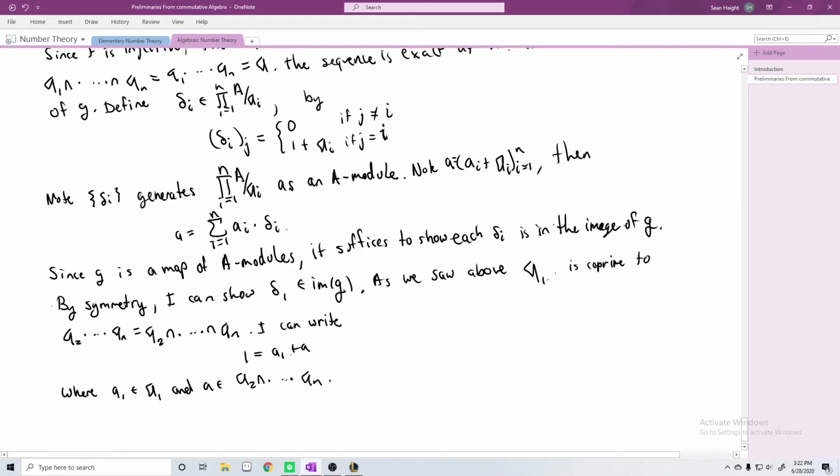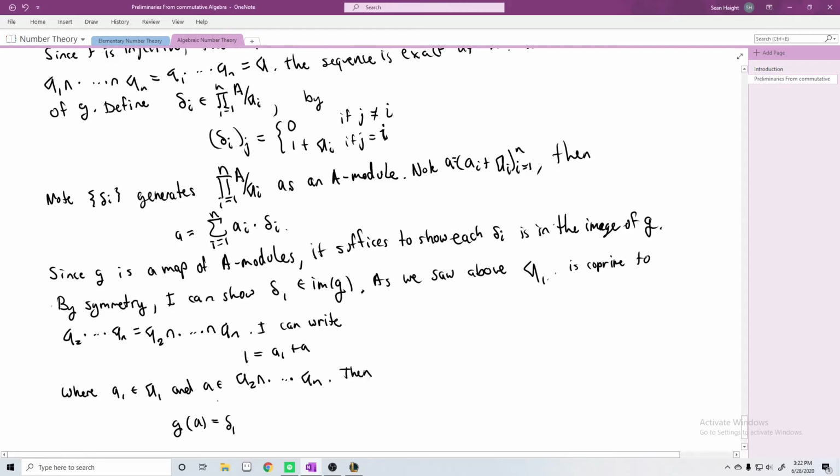Okay, and then G of a will map to delta 1.